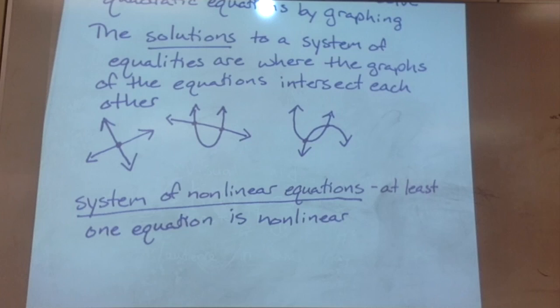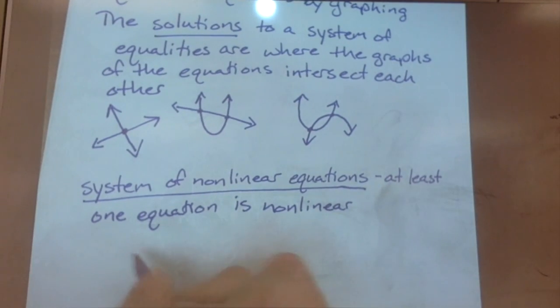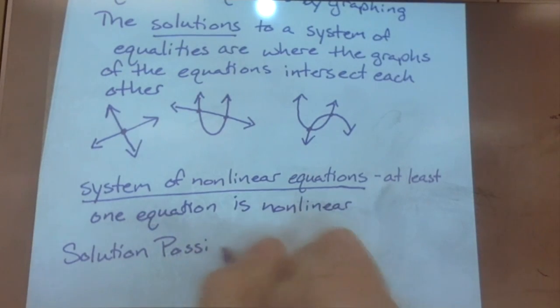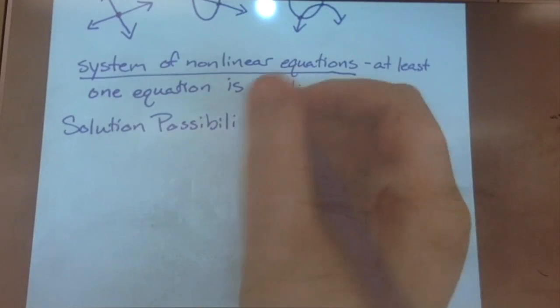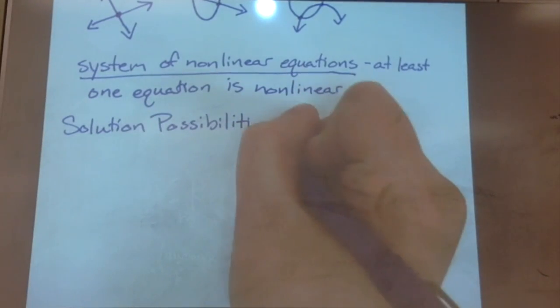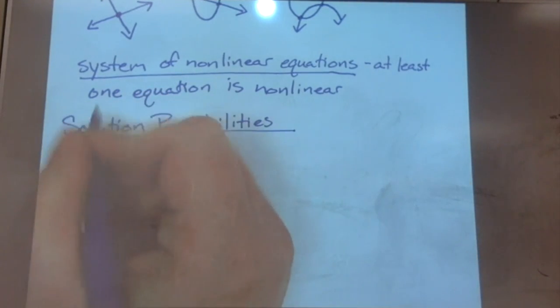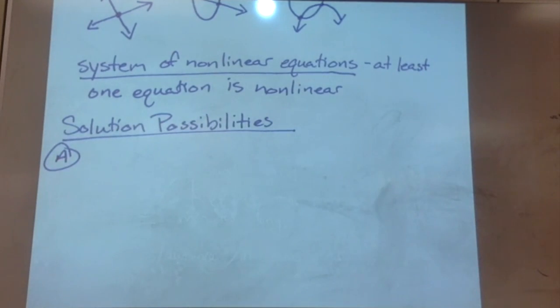So we have 3 possibilities of solutions. Let's look at some solution possibilities. The first possibility, we'll call option A, is no solution.